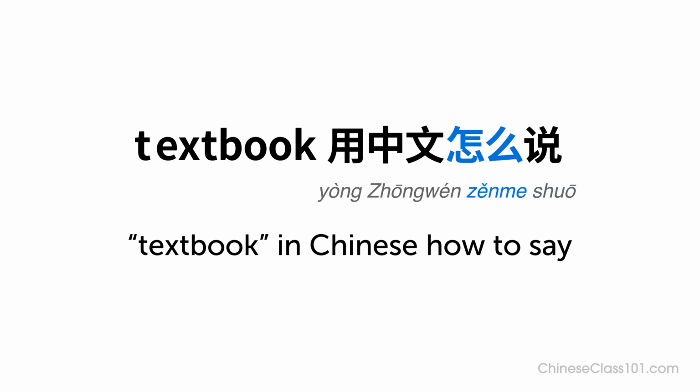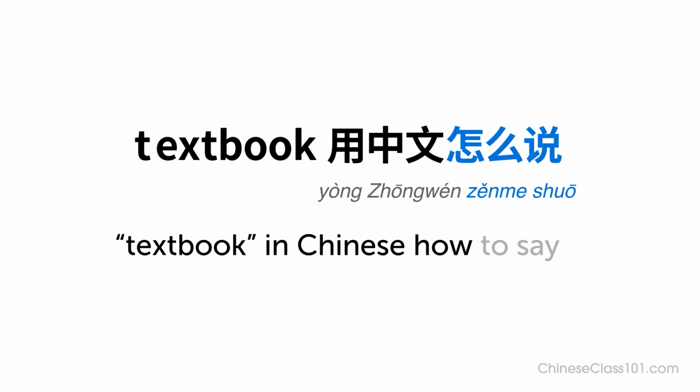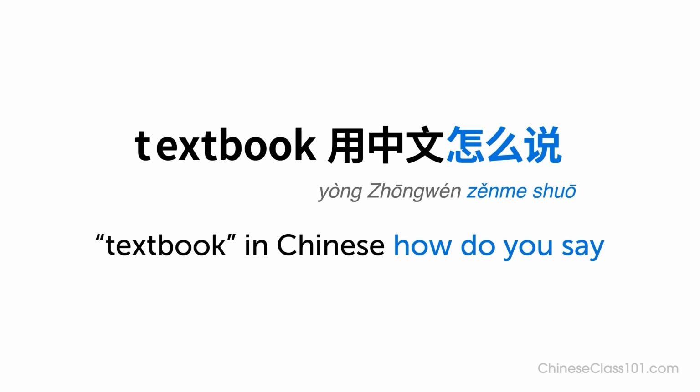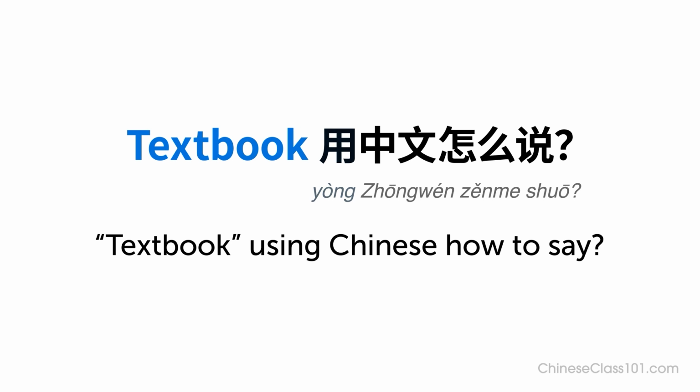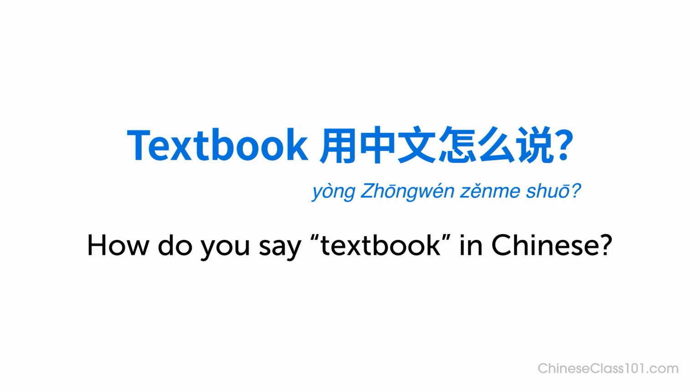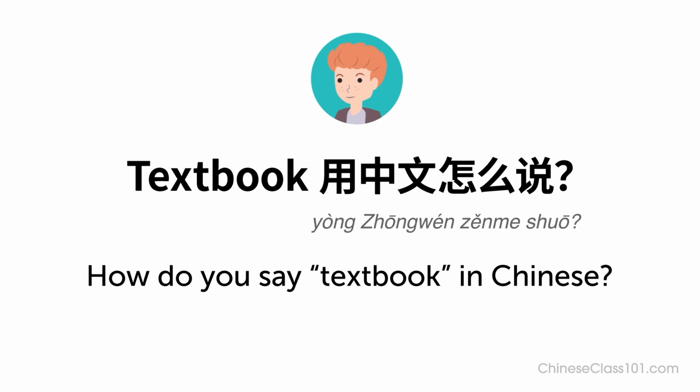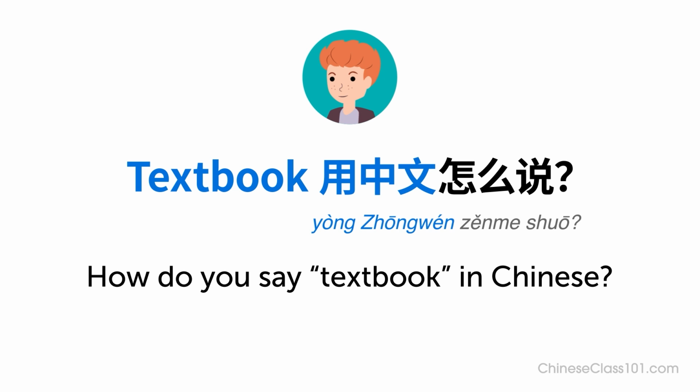Together, 怎么说, literally how to say, but translating as how do you say. Altogether, Textbook 用中文怎么说, literally, textbook using Chinese how to say. But it translates as, how do you say textbook in Chinese? Textbook 用中文怎么说?